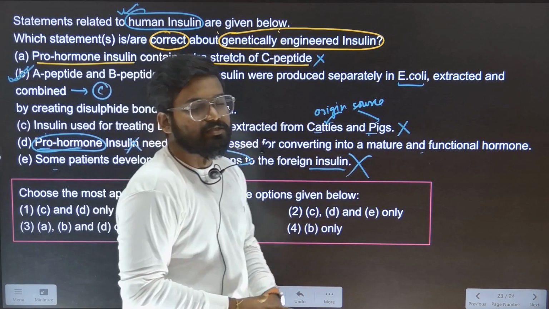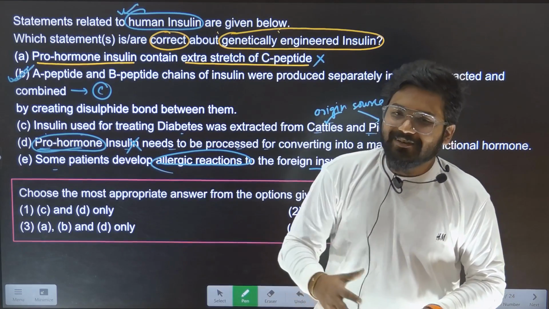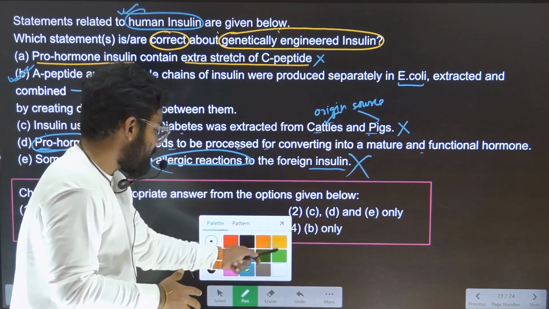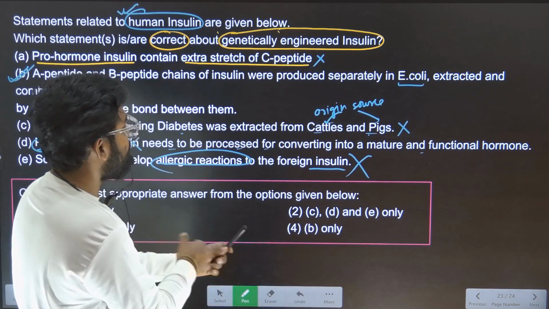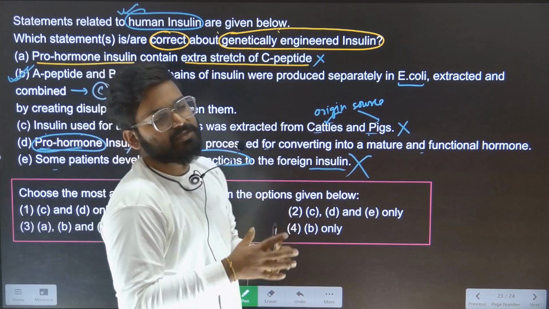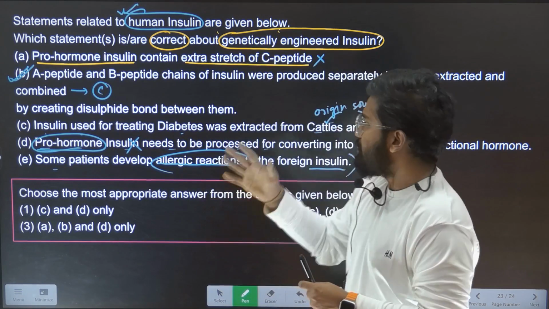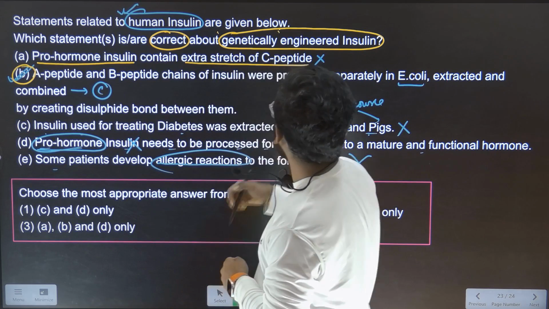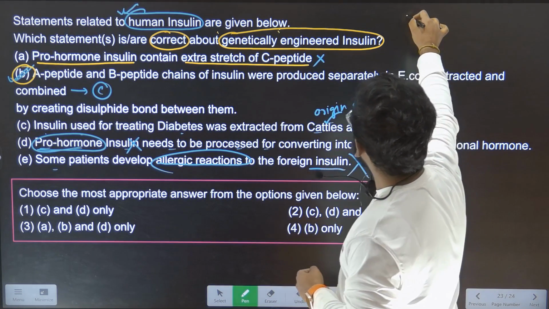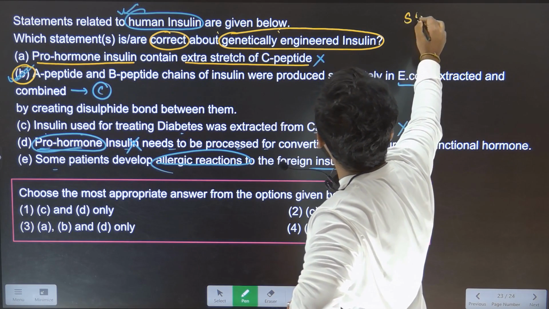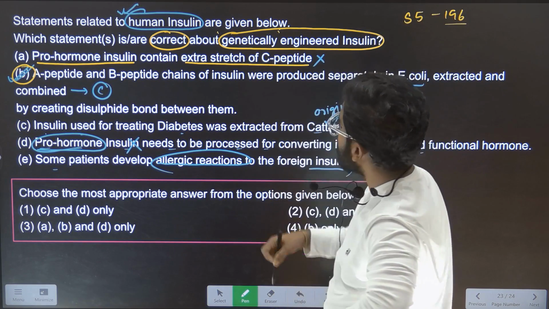The question was very controversial after the paper got done. Different students had different opinions, but when the answer key was given, the answer key said that only B is correct. I saw this question in paper set S5, and the question number was 196.